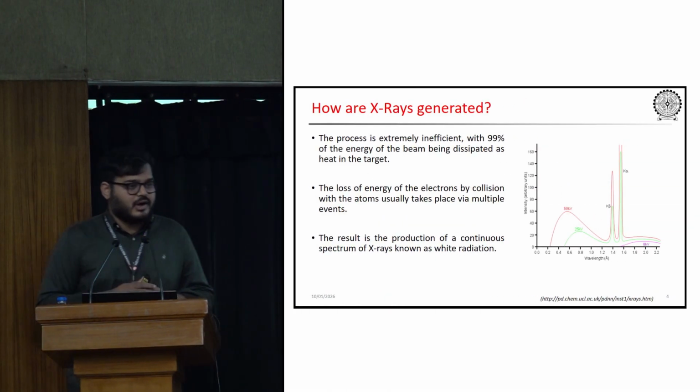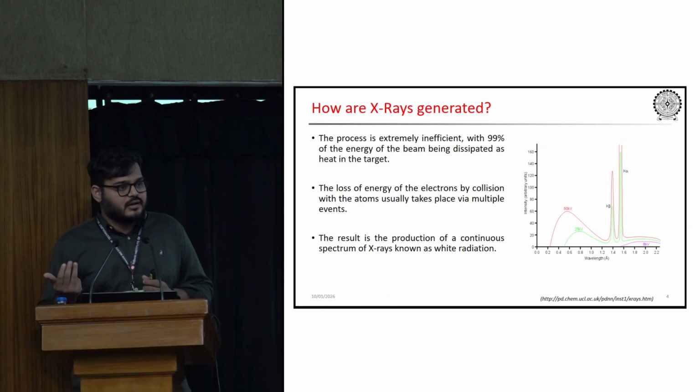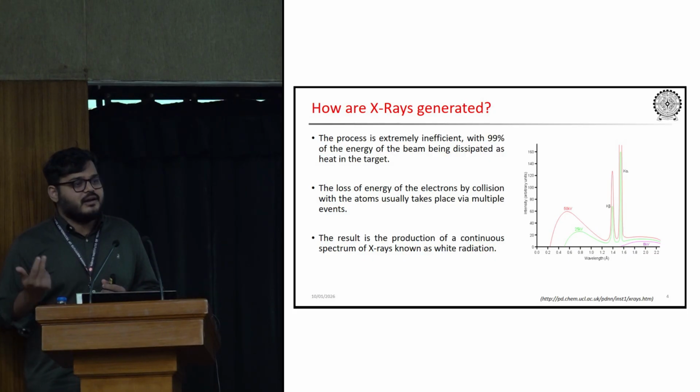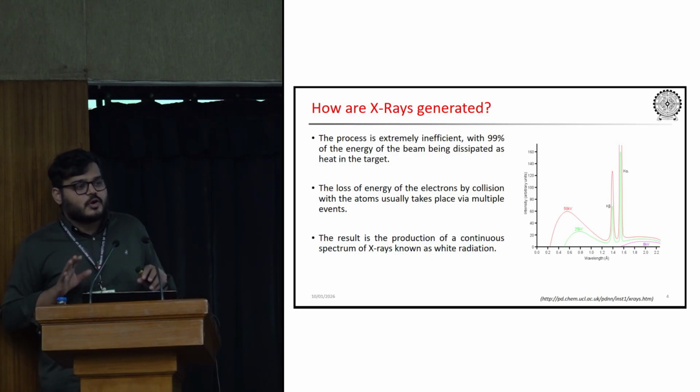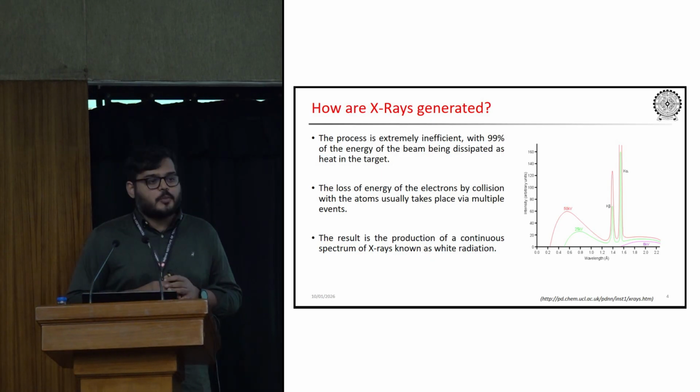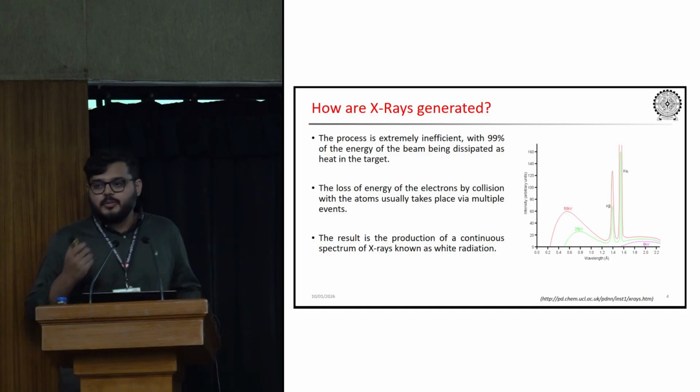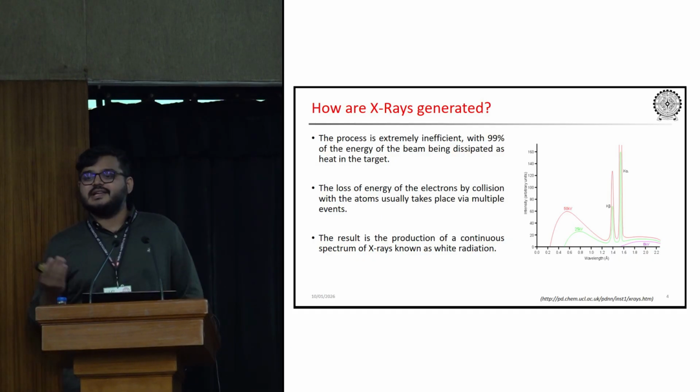So you should have a material which is conducting, and it should also be able to withstand very high temperatures, right? So that is what is practically limiting your anode choices, and copper is the cheapest source. Copper is what is easily available.